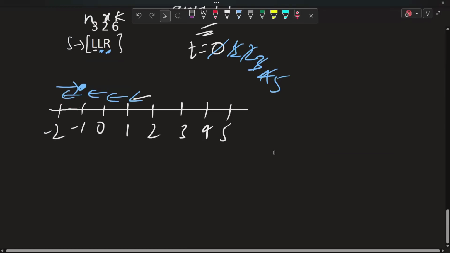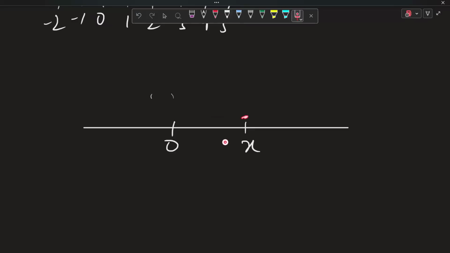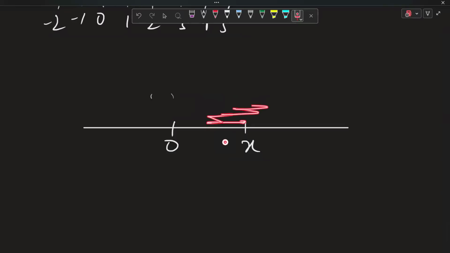So what I'm telling is, on the number line, this is the point 0, and let's say this is the point X. From here you would start, you would do some set of instructions, move left, right, some right, left, and finally after some point you reach 0.